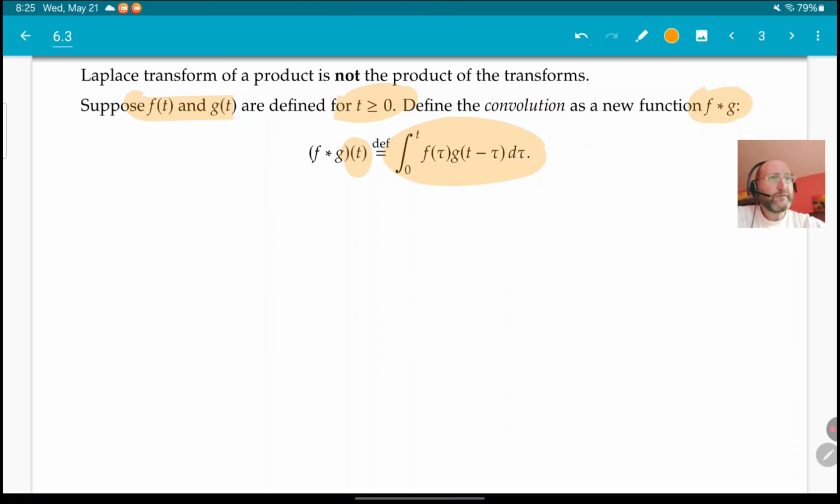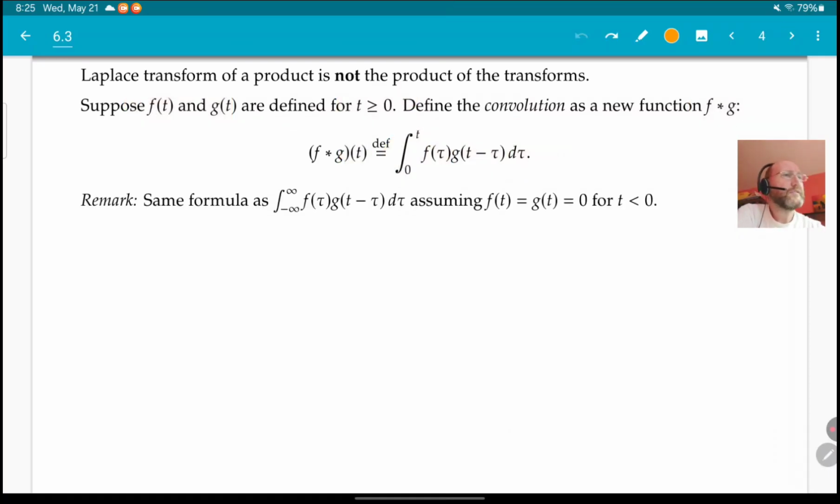Basically we take f and look at all its values from 0 to t, and then we look at g in the opposite direction, and we take products of f and g at these two different points, and then we integrate. Notice that this is tau, not t. So we're integrating with respect to tau, and the t is right here in this formula.